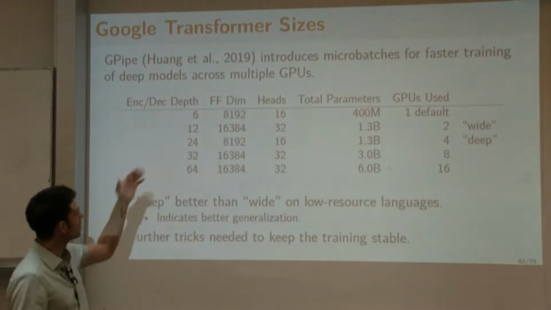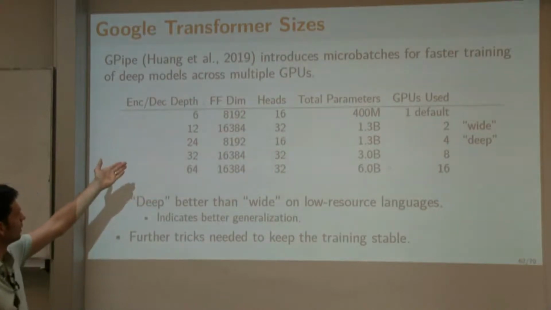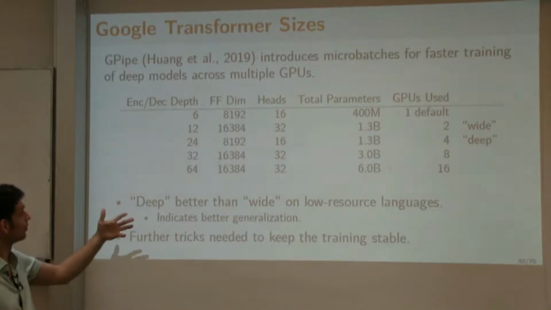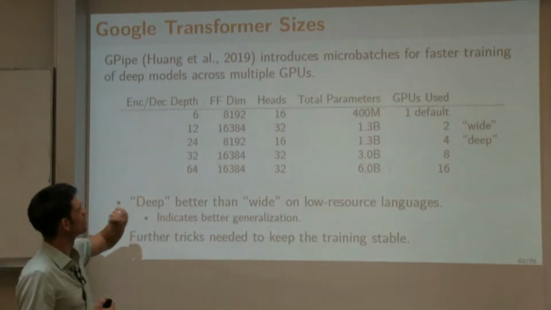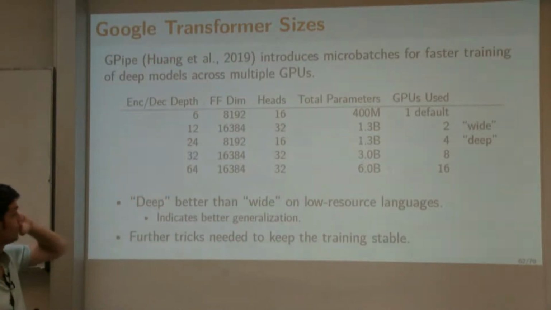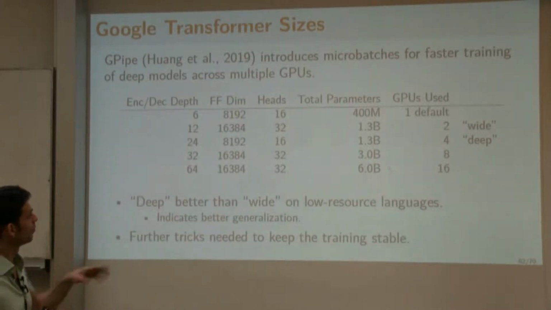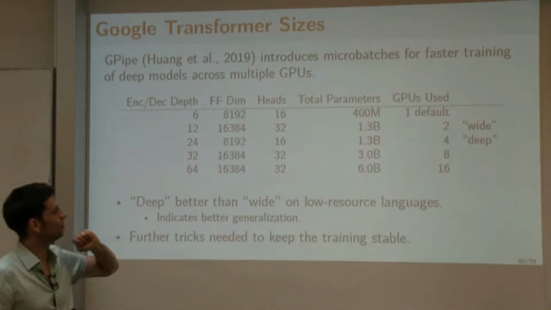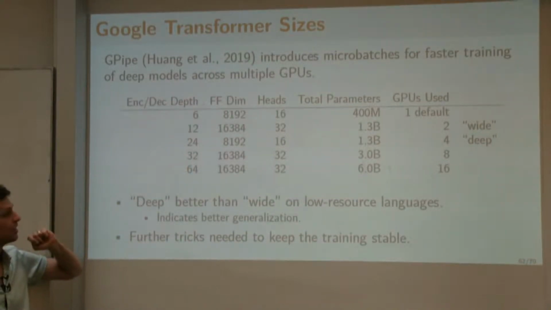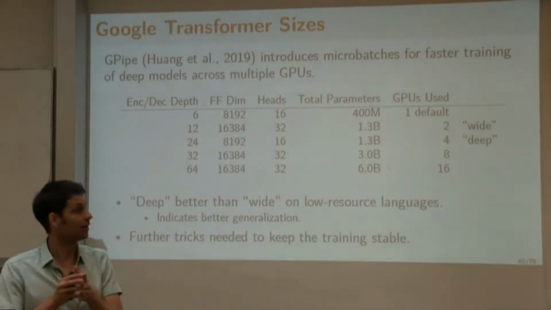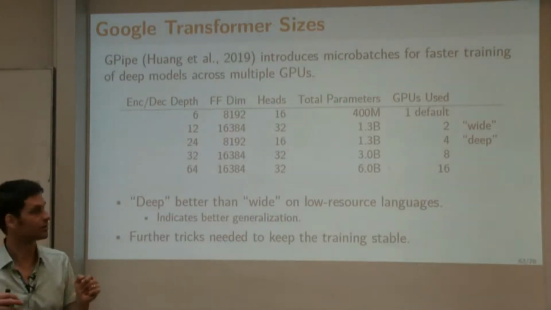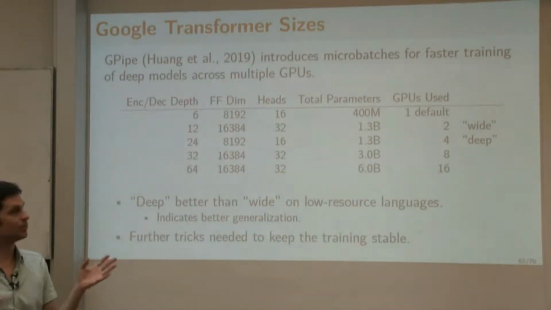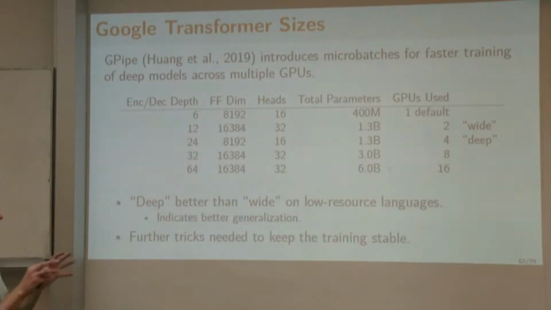So what if we increase the depth? What if we use 12 layers in the encoder, 12 in the decoder, so 24 in total, and we also double the size of the dimension of the feed-forward network, and we double the number of heads? Then we'll get to 1.3 billion parameters, and that would be a wide network, so to say, a wide transformer. And we will definitely need 2 GPUs to train it at the same time.